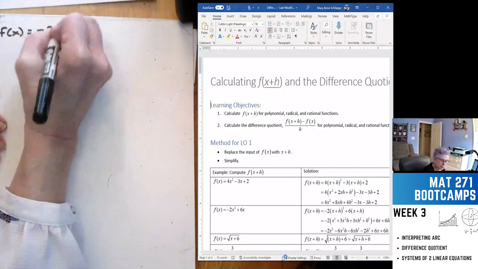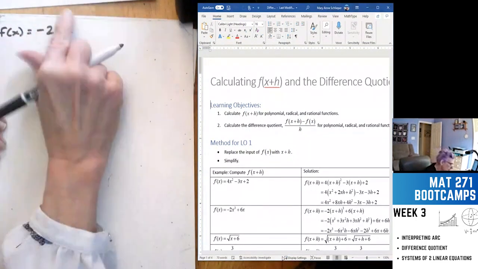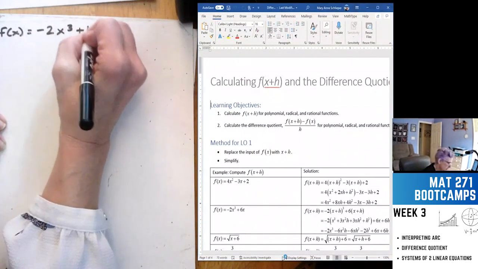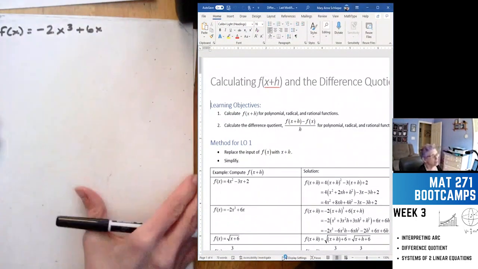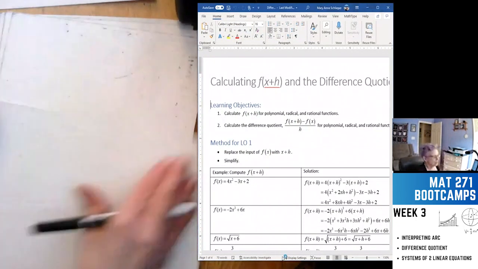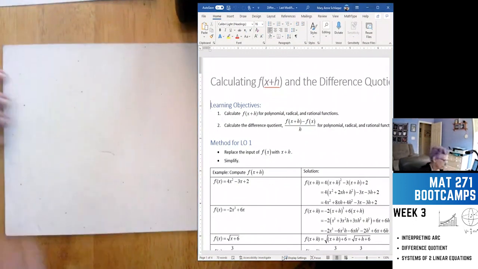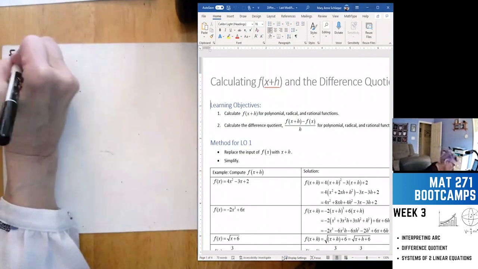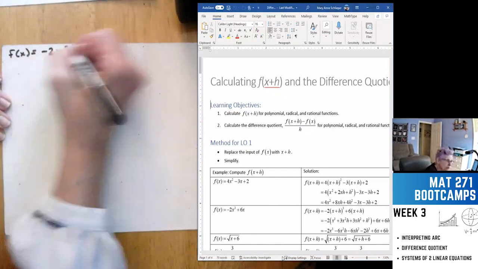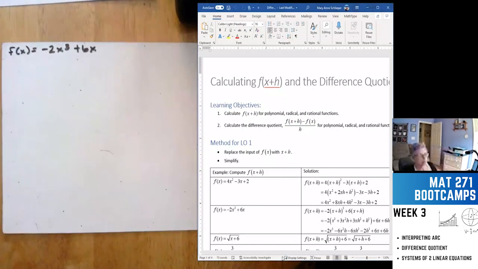Next, let's write f of x down first, negative 2x cubed plus 6x, and actually, I'm going to write on this one sideways because I know it's going to take up a lot of room. f of x is negative 2x cubed plus 6x.